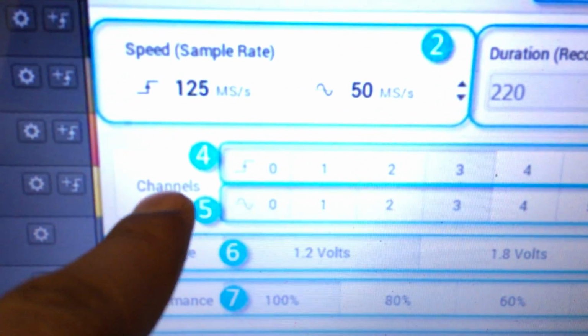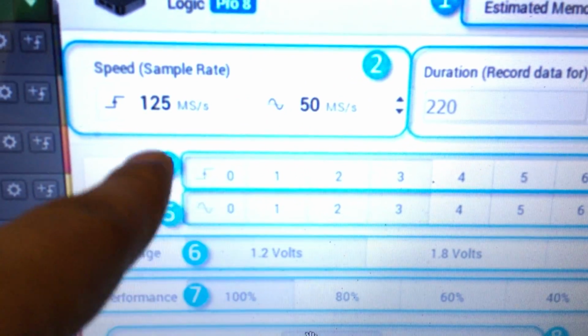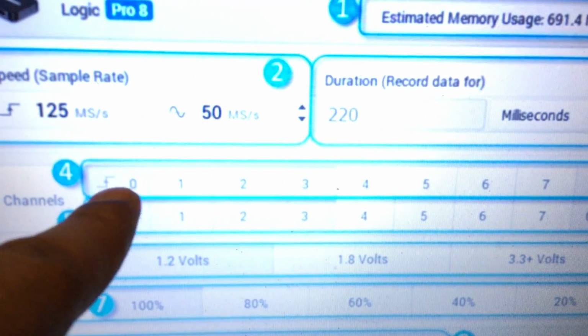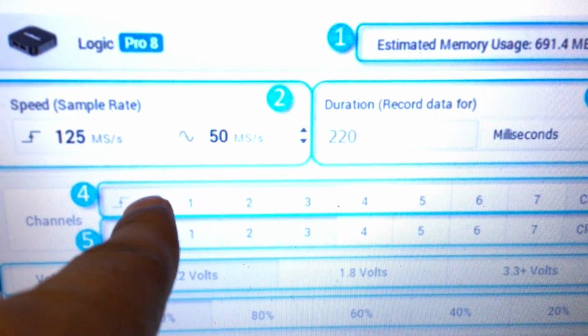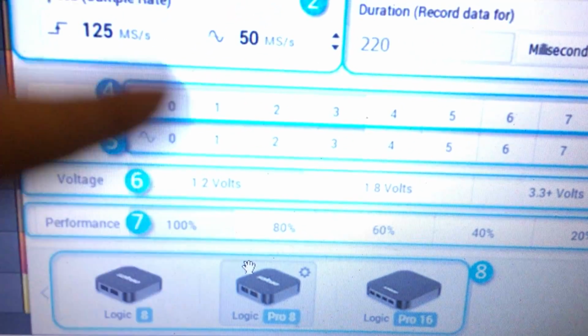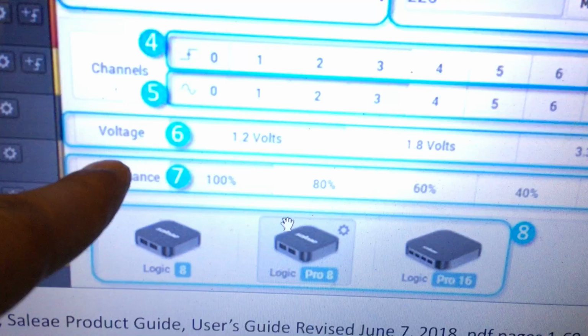Now these are the channels. This is channel number 4, channel number 5, and this is an analog signal, and this is a digital signal, and then these are the contents at different time instances, right? So you can check what is the data at different time instances over here.